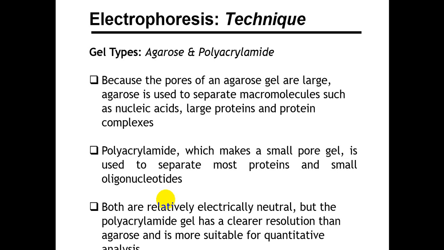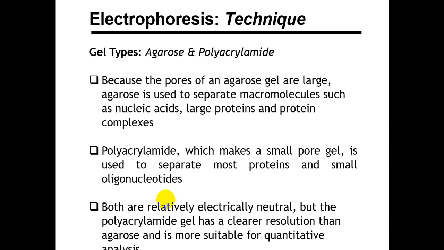Small DNAs. Both are relatively electrically neutral. Yes, polyacrylamide and agarose gels don't have any charge on them, but the polyacrylamide gel has a clearer resolution. It separates fine particles better than the agarose gel, and is more suitable for quantitative analysis.